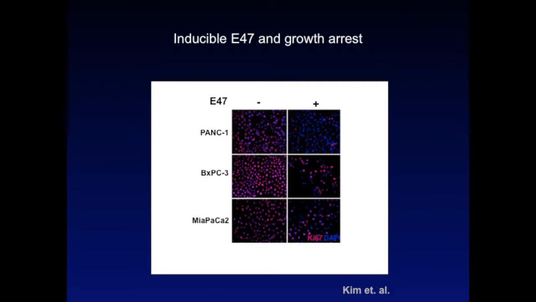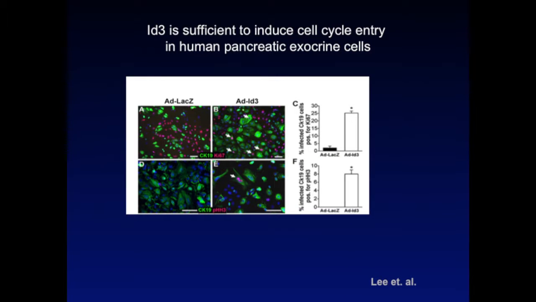And this is a study we did in collaboration with Andy Lowy and showed that in the CK19 positive cells, none of which are positive for Ki67 here, we now, where the white arrows are, have essentially all of the cells that expressed the ID3 now entered the cell cycle. And some, as you can see in the graph and the images below, also express phosphohistone H3, showing that they're progressing through the cycle.